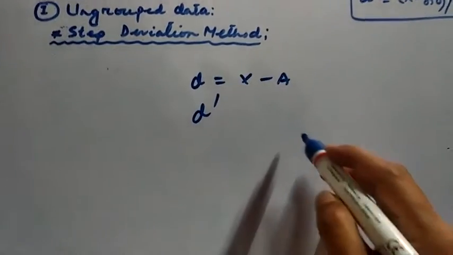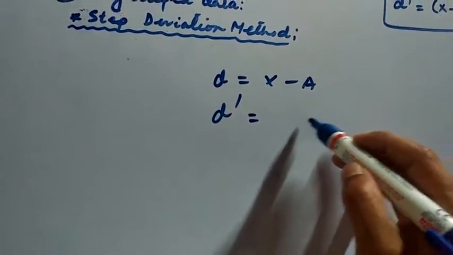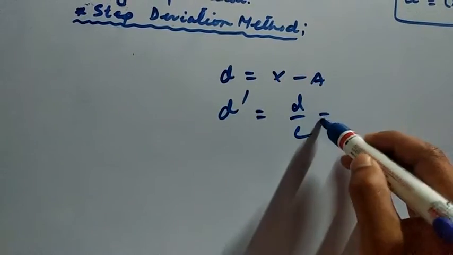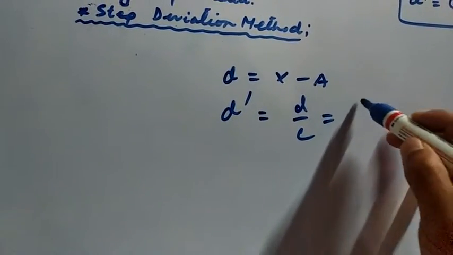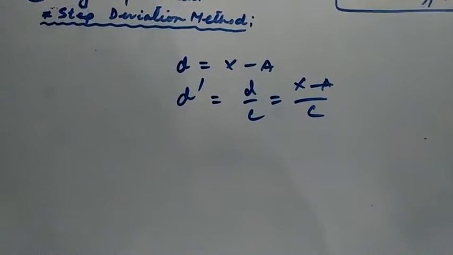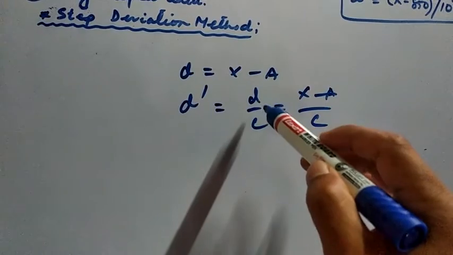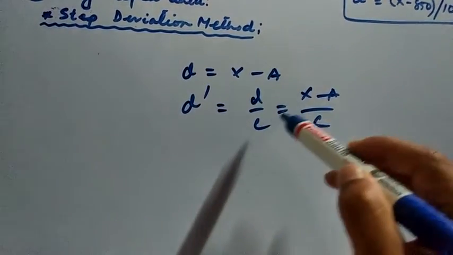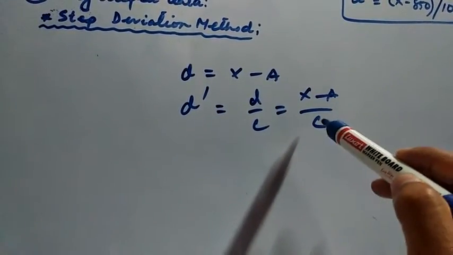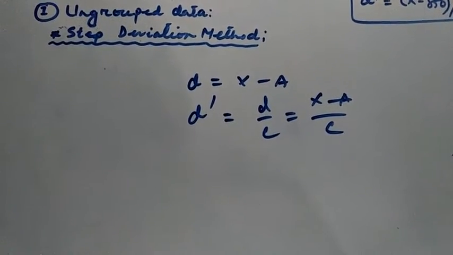How do we find d dash? We find d dash by dividing d by c, where d is x minus A and c is the common factor. So that is how you find d dash.